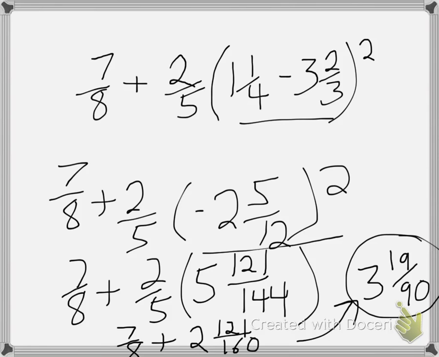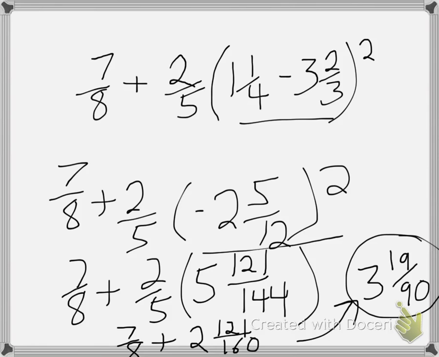Now, you can also put this all in your calculator at once. But the thing that I don't like about putting it all in there at once is there's a greater chance of you mistyping one number or putting something in wrong and getting the answer all wrong.